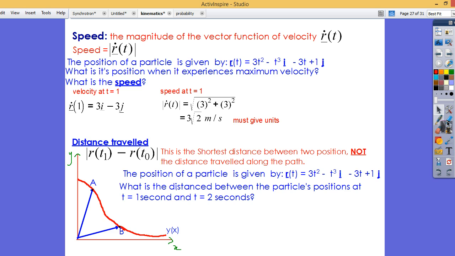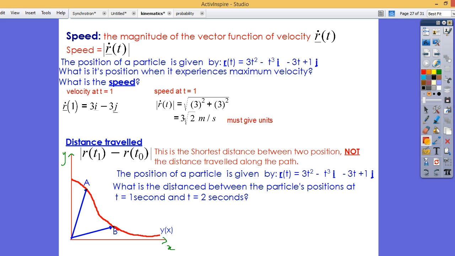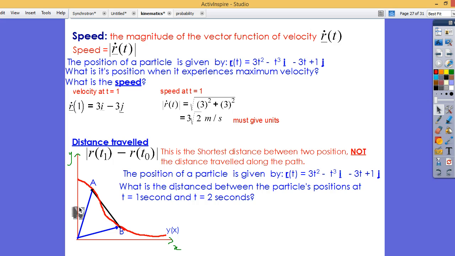And you can see any 2 points, point A and point B, the direct distance between them is in fact the straight line between A and B. Now that's a little different than the actual distance traveled along this path. To find the actual distance traveled along this path is beyond our course, and we're not going to look at that. We're only going to look at the shortest distance between 2 points.